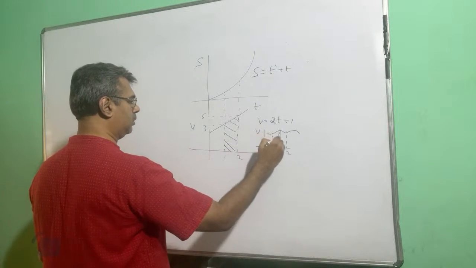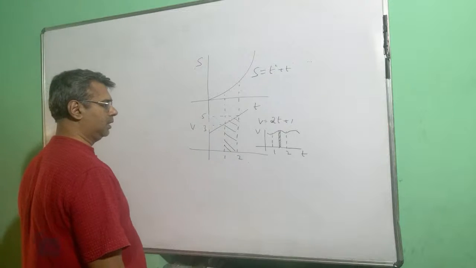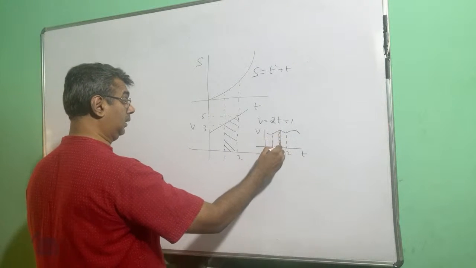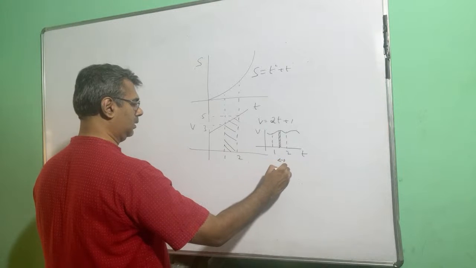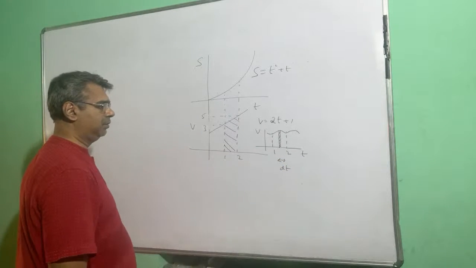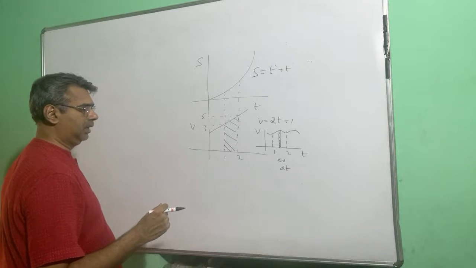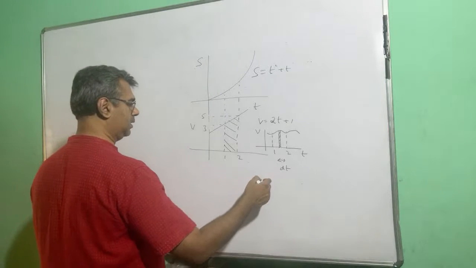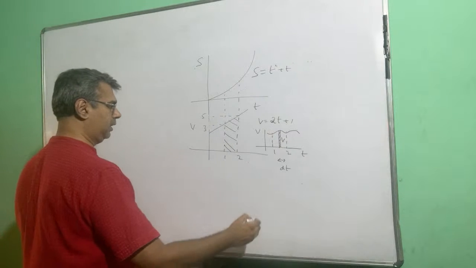He said that suppose this is velocity and this is time. So he suggested that you take a thin strip, and when you say thin in physics language, it means infinitely thin, and the thickness is dt, and the height is of course the velocity v.